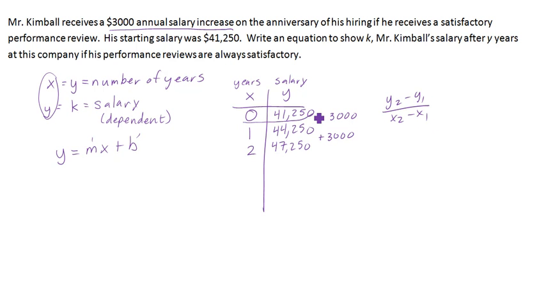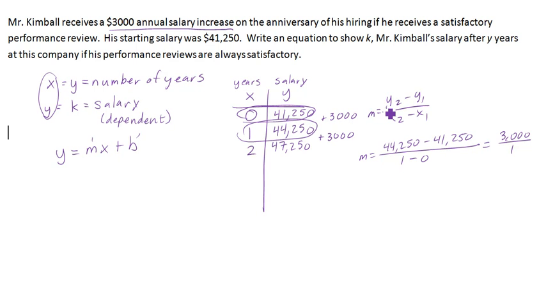This would be 1 point right here, (0, 41,250). And the other would be (1, 44,250). And so I'm going to go 44,250 minus 41,250. And we're going to then go over x2, which was 1 minus 0. And you'll notice that that gives us 3,000 over 1, which is 3,000. So that's my slope, right?